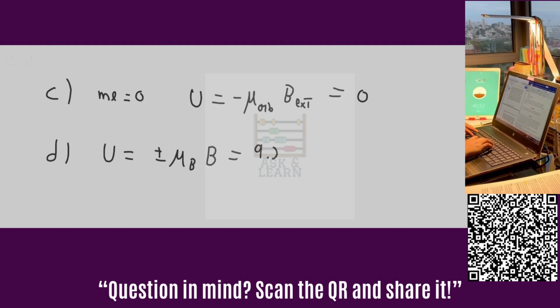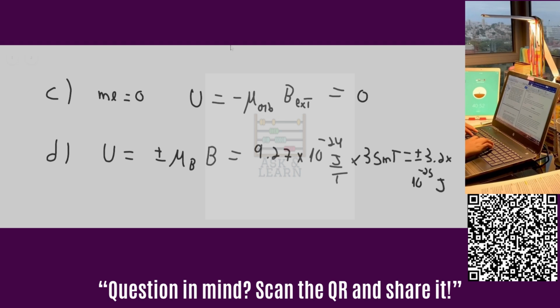This is 9.27 times 10 to the minus 24 joules per Tesla times 35 millitesla, and this is plus or minus 3.2 times 10 to the minus 25 joules.